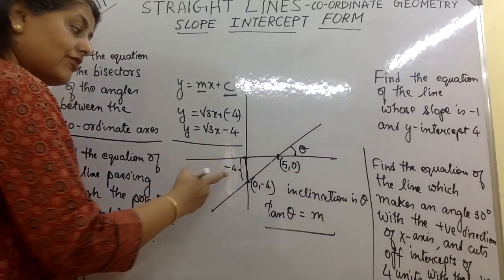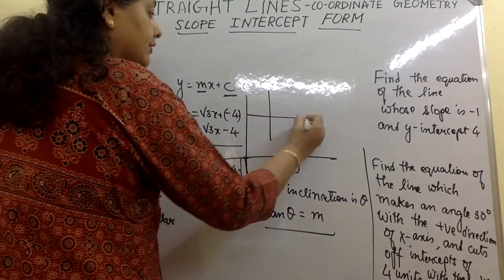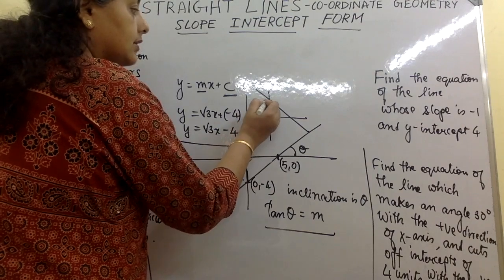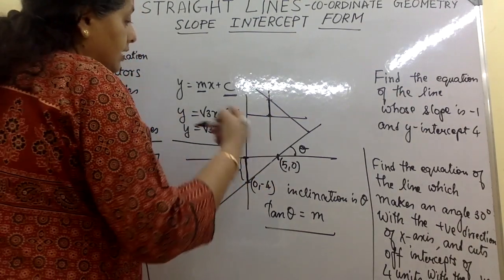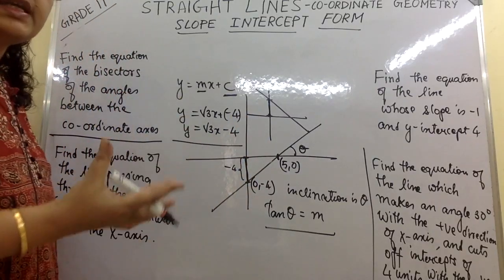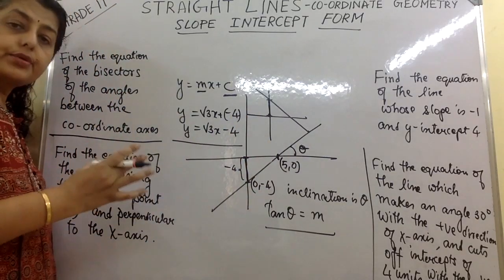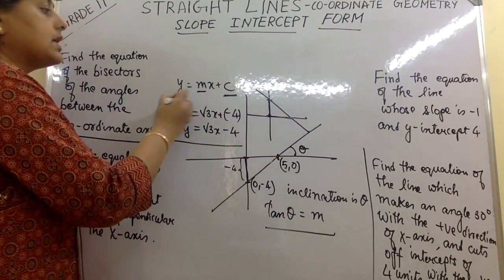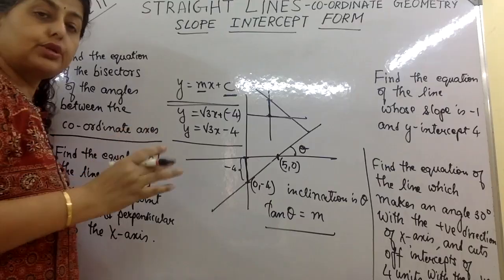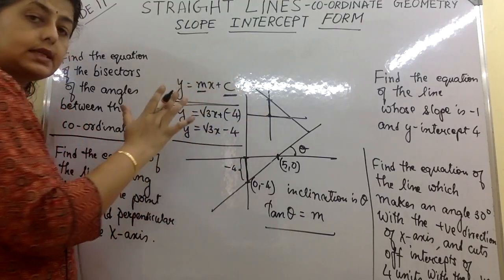I can also have a positive intercept. If the line is going like this, this is my y-intercept, which is positive in this case. So you can have a positive or a negative y-intercept. You can have an x-intercept, but it does not have any place in this equation. You don't need the x-intercept here.